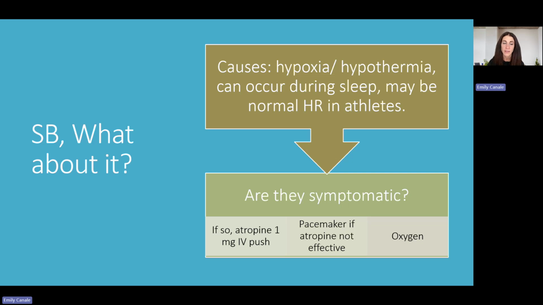What your job is as a nurse is to make sure that the client is comfortable, because if they're awake and they're getting paced, it is very uncomfortable. They could develop burns from that because it's giving electricity. So it is very uncomfortable. We only transcutaneously pace for a little while. What I mean by that is it's external, right? They don't have a permanent pacer in yet, but they will go down and get one if they need it.